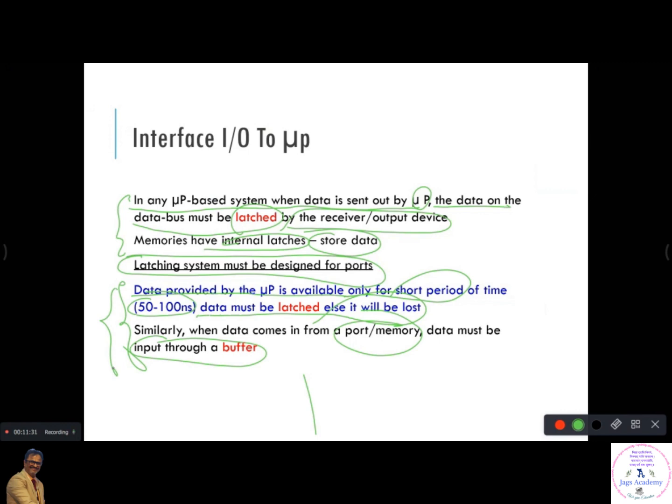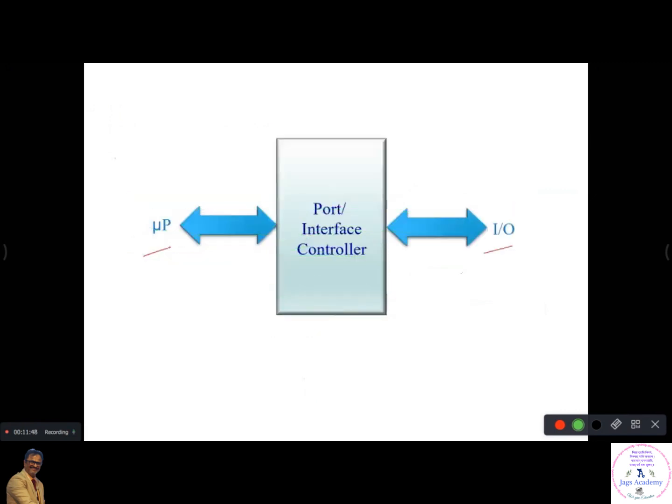The 8255 is one of the devices extensively used to interface IO to the 8086 microprocessor. That's what we are going to study in detail in forthcoming slides.